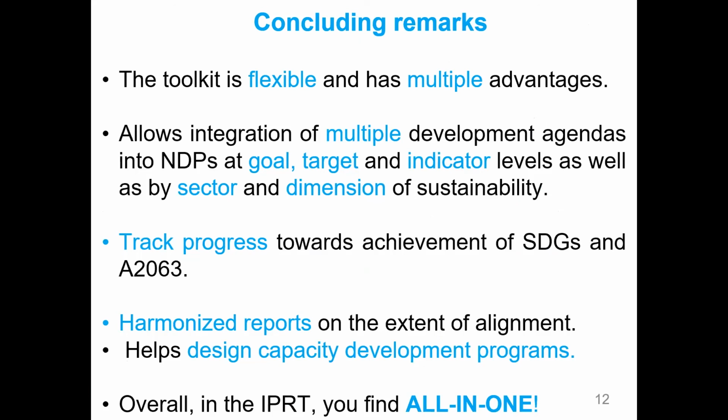It also produces a harmonized report. So meaning that overall in IPRT, you find all in one. You can look at the degree of alignment, you can generate reports, you can track progress, and so on.